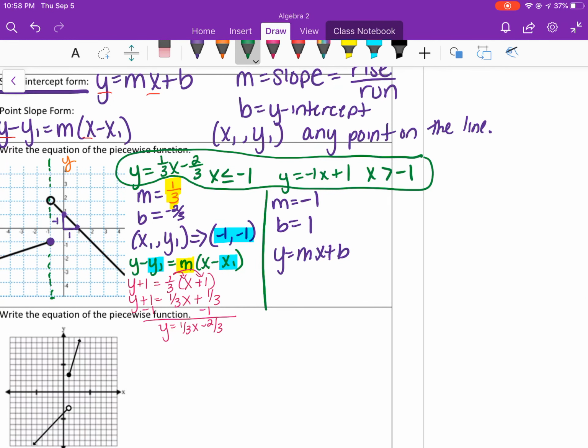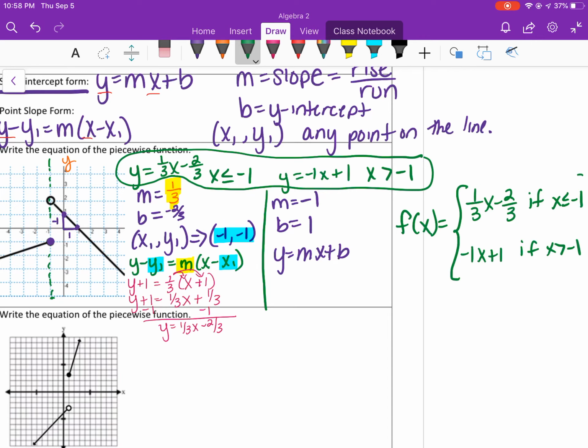That'll be f of x equals, and then you make a bracket, and you have 1/3 x minus 2/3 if x is less than or equal to -1. And then we have -1x plus 1 if x is greater than -1. And that will be our final answer.